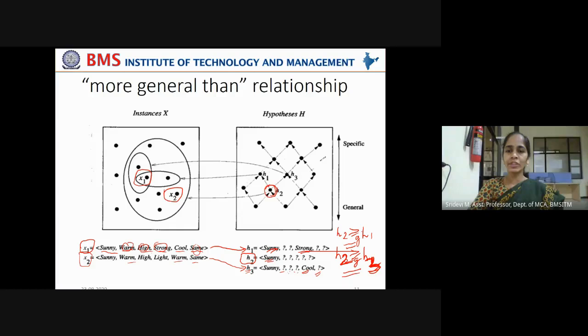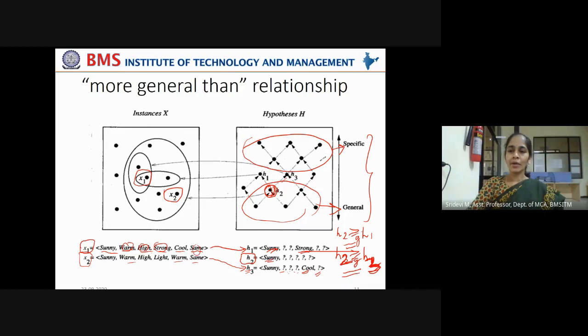H2 is more general than H1. H2 is more general than H3. So if you take the scale, all the downward hypotheses in this hypothesis space are more general, and all the upward hypotheses are more specific. So we are trying to go from general to specific ordering.